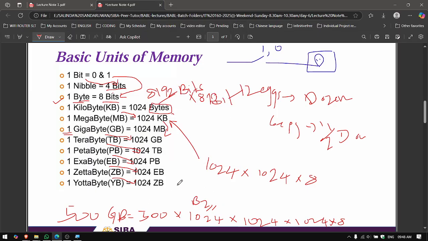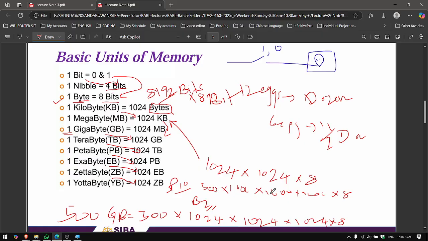So if we use the base 10 architecture, it's like this: 500 multiplied by 1000, and so on, how many thousands? 1, 2, 3, and then 8.